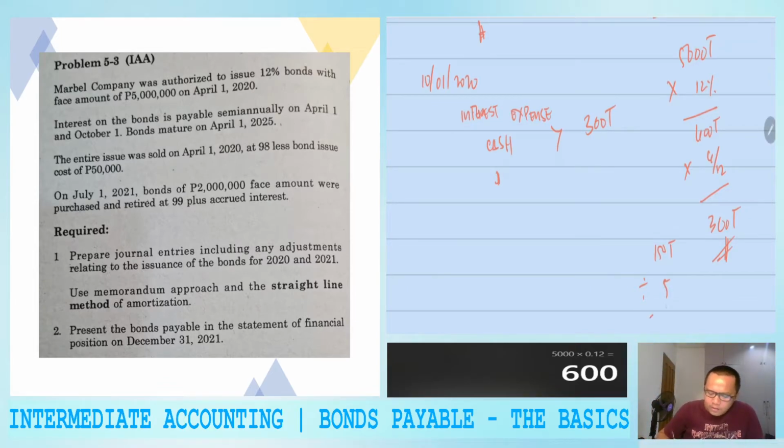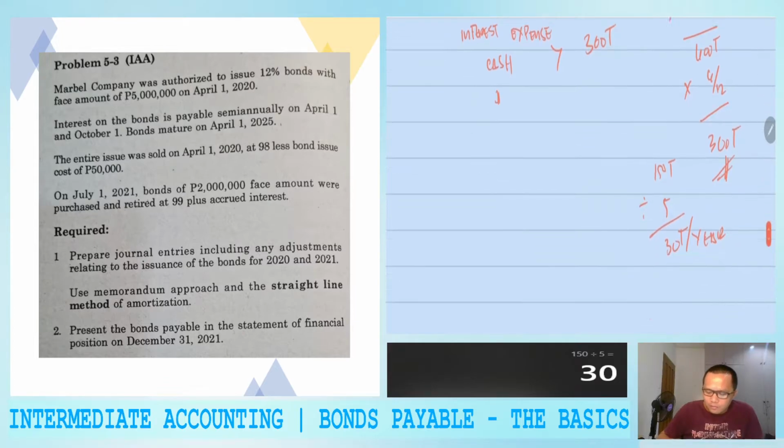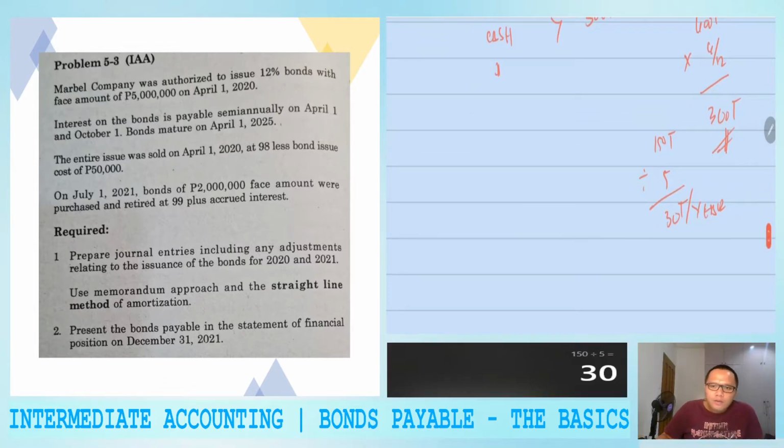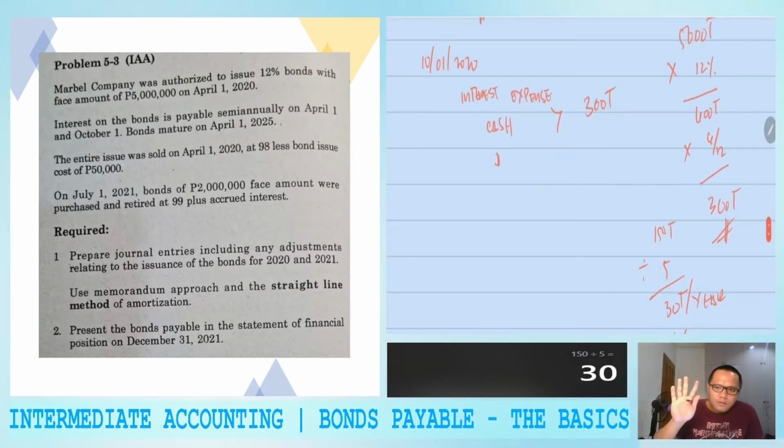So 150,000 divided by 5 years, we have 30,000 per year. Then, again, because that is only for 6 months, times 6 divided by 12, so we have 15,000. So notice, discount tayo ngayon. Again, this is an addition to your interest expense.